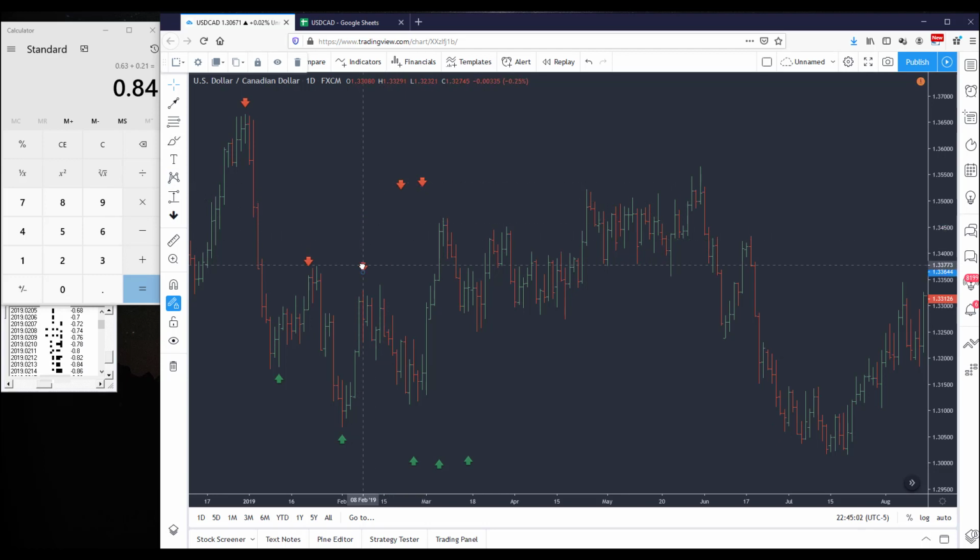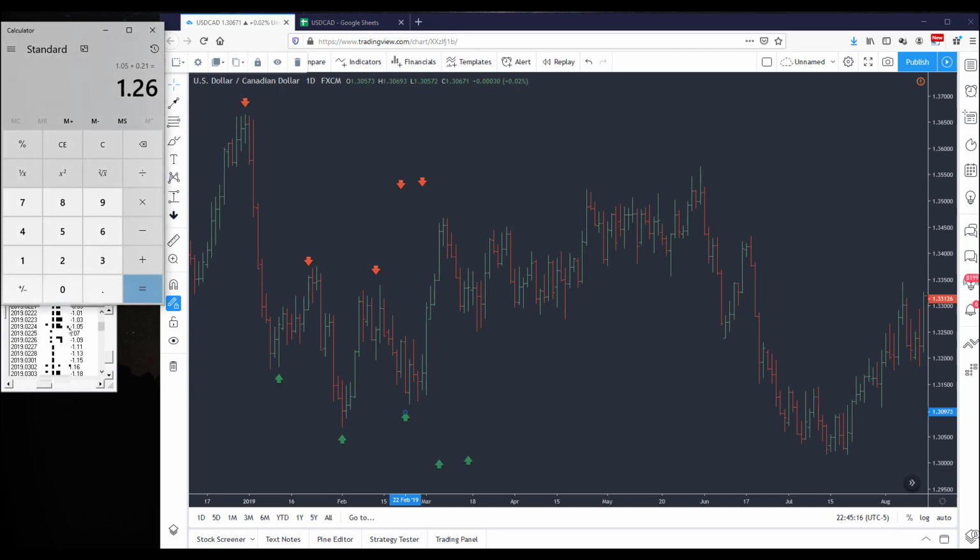We are looking for 213. So that's right here. Then we're looking for the number 105. That's 224. It's right here. Then we're looking for 126. That's 307. 307, that's a beautiful move.